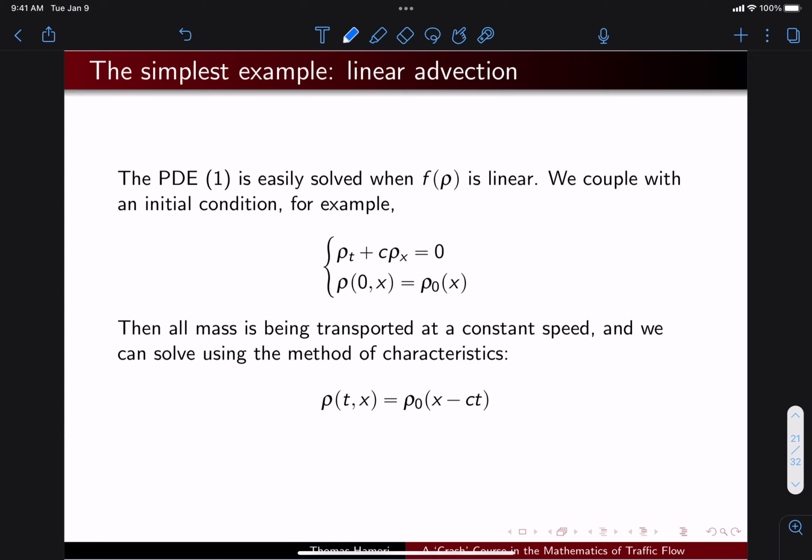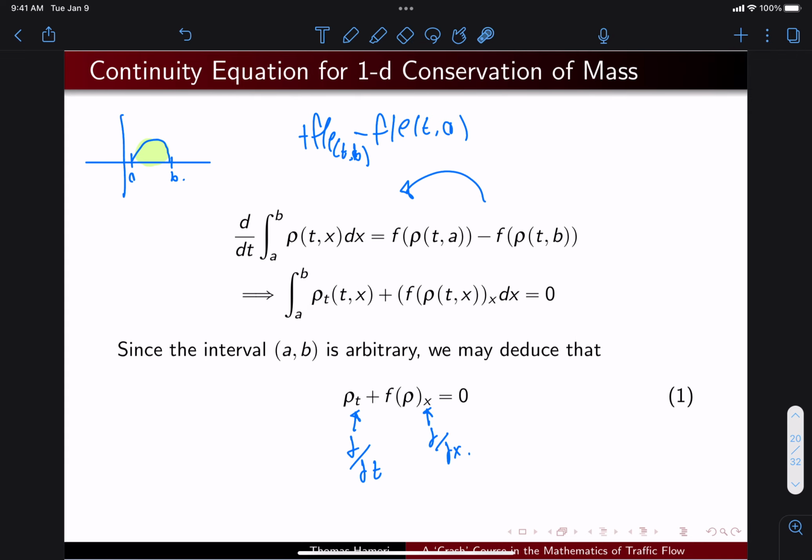It says that if our flux is given by, remember, rho times u, then what can we say if the velocity is a constant?